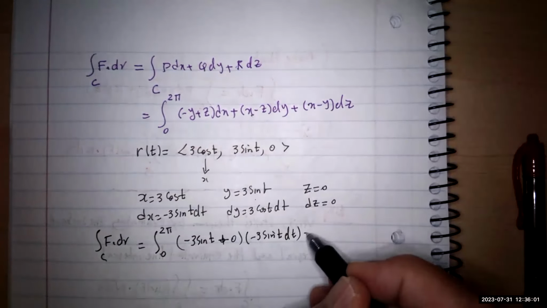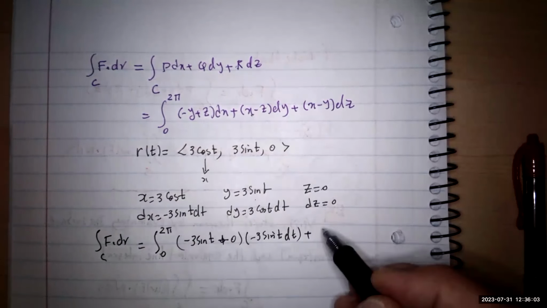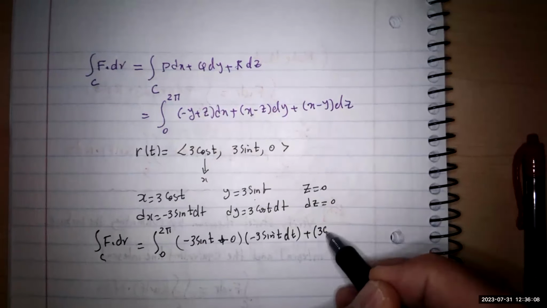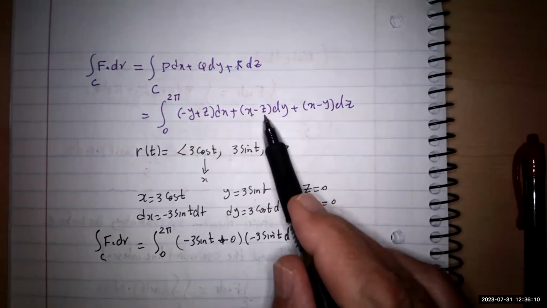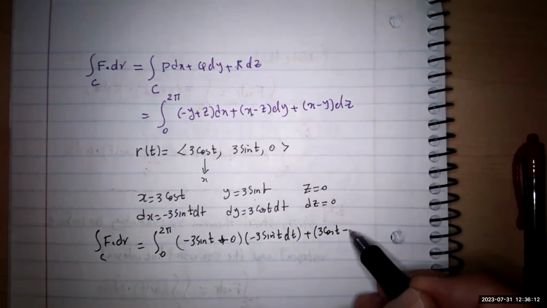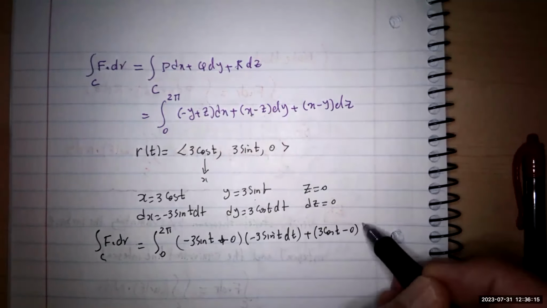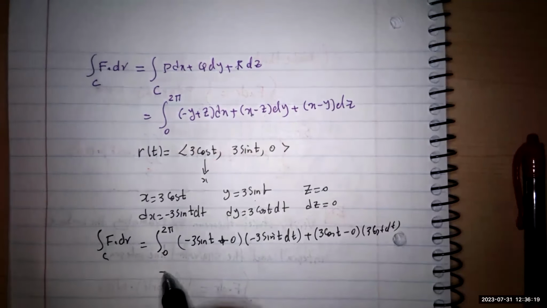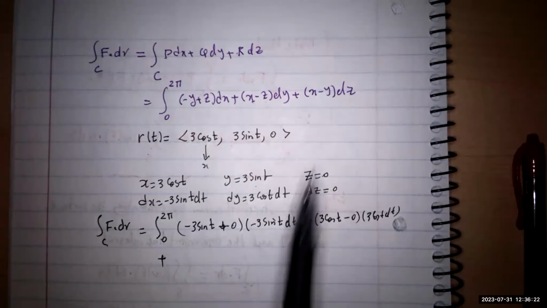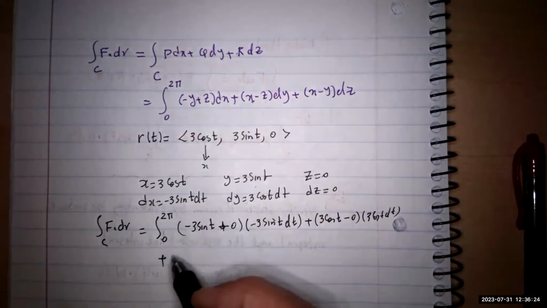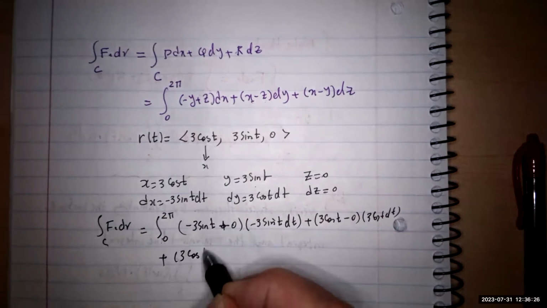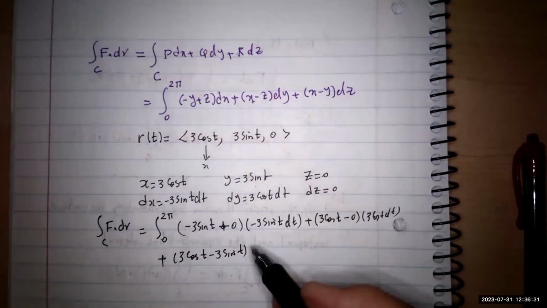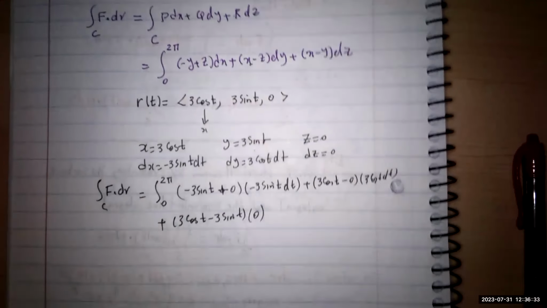Next one, plus x: x is 3 cosine of t, minus z. z is 0, times the dy, which is 3 cosine of t dt. Plus x minus y, so we get 3 cosine of t minus 3 sine of t times the dz. dz is 0, so this part disappears.